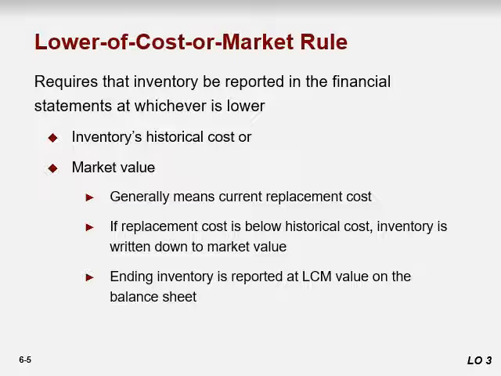So the disclosure method, lower of cost or market value, we call that the LCM method. It requires that inventory be reported on the financial statement at whichever is lower.